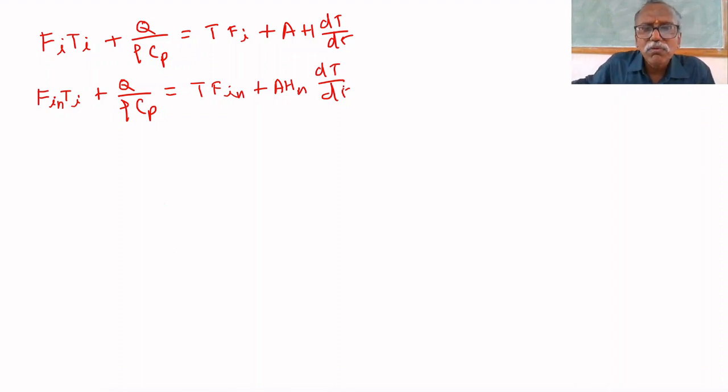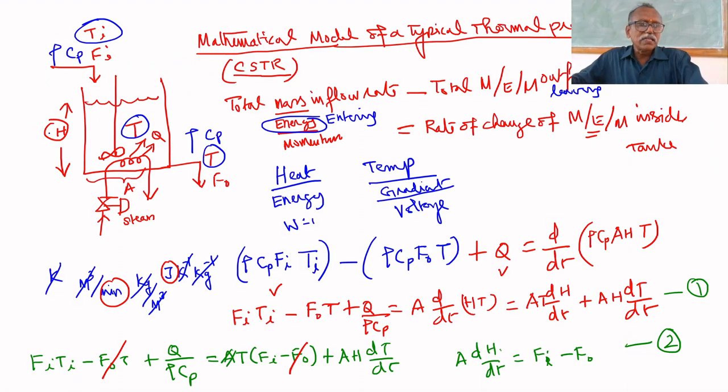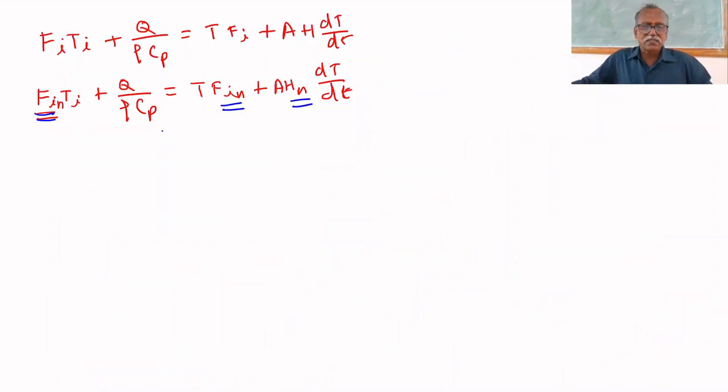Now take Laplace transform on both sides. What are all constant here? Fi nominal is constant, Hn is constant. We are assuming there is no change in level. For constant level, we are writing the equation for changes.